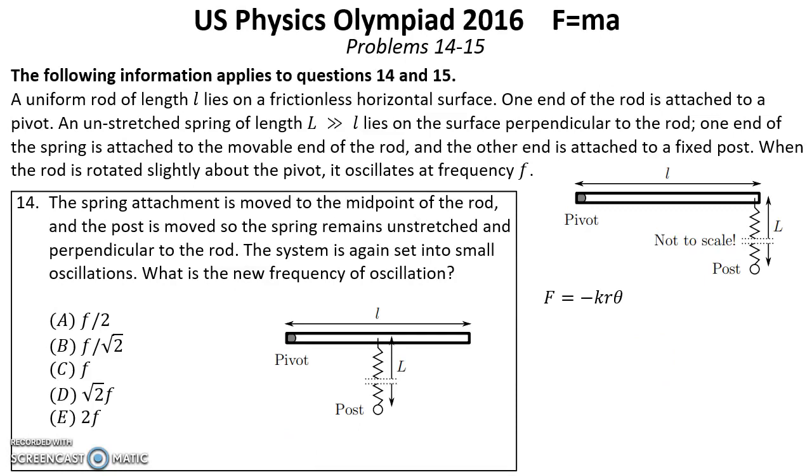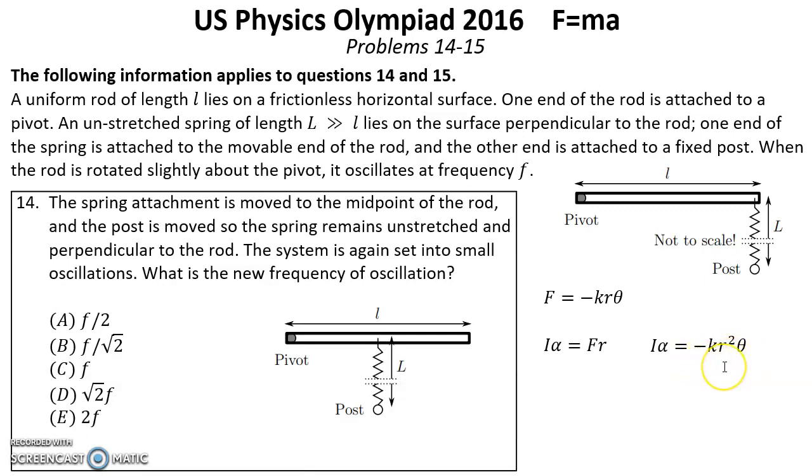Now we can write the equation for rotation of this rod: I alpha, where alpha is angular acceleration, equals force multiplied by the distance from the pivot to the spring end. Inserting F, we get I alpha equals negative k r squared theta. This is a regular equation for harmonic oscillation, because alpha is angular acceleration and theta is the corresponding angle.